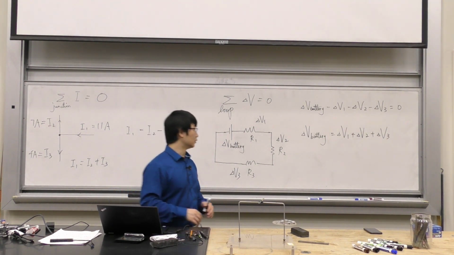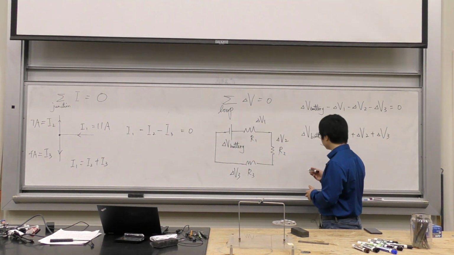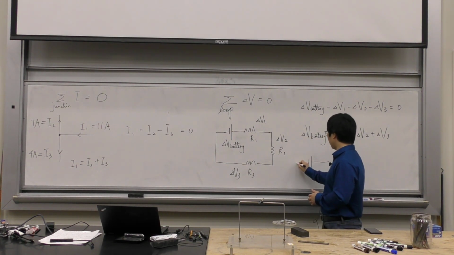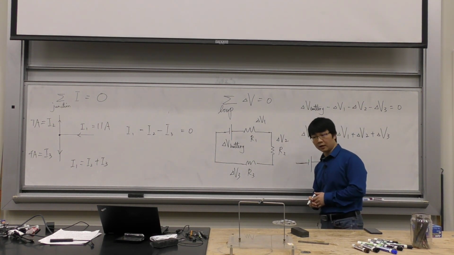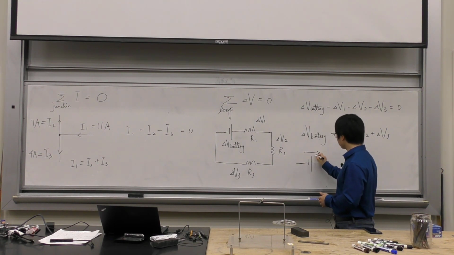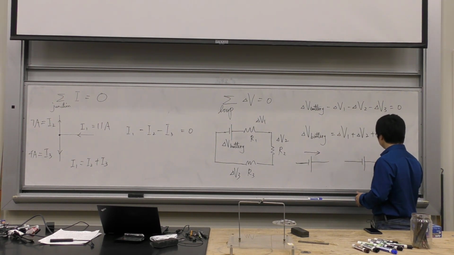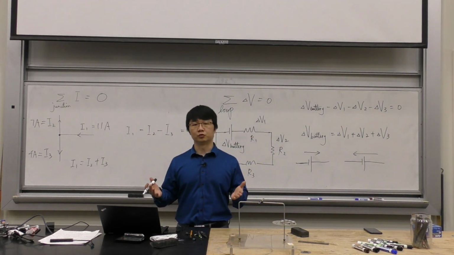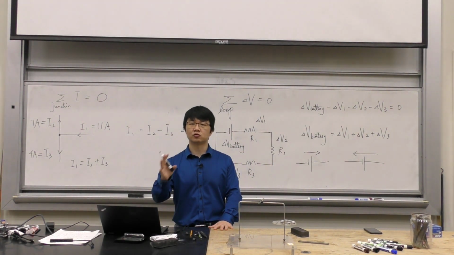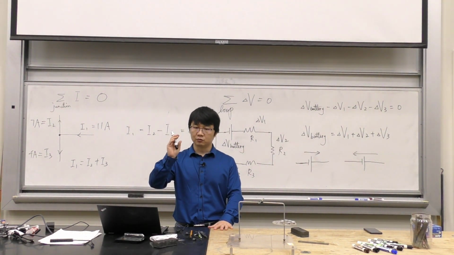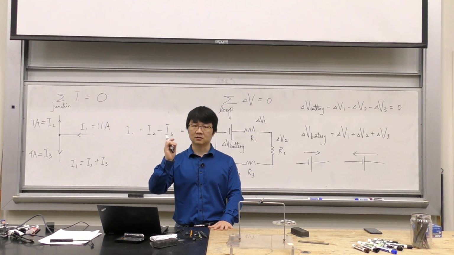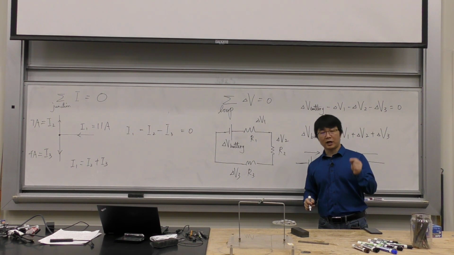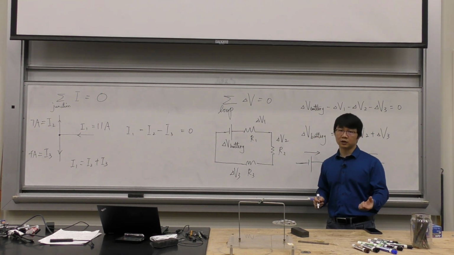For a battery, a battery is easy. If you see a battery in a closed loop and you're crossing this battery, you may cross it this way or the other way, depending totally on which direction you're traveling around the loop. You imagine you are traveling the loop and you write down the voltage for every element. A battery has a definite negative and positive terminal, right?